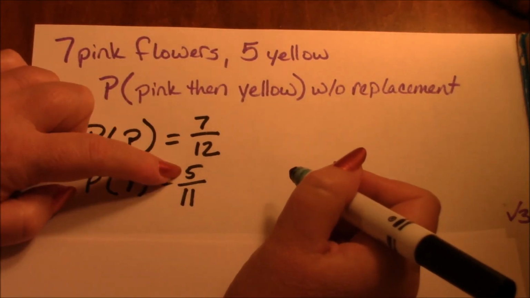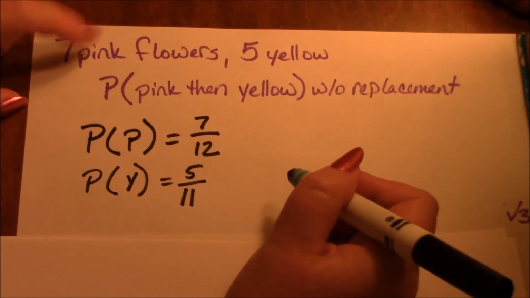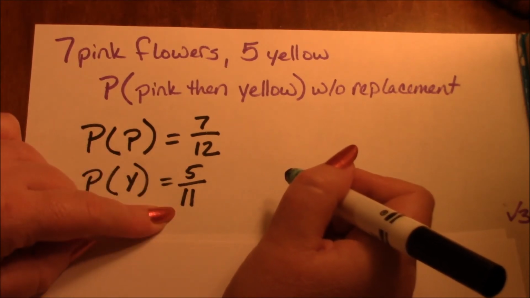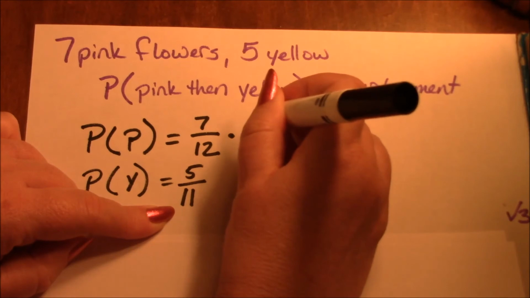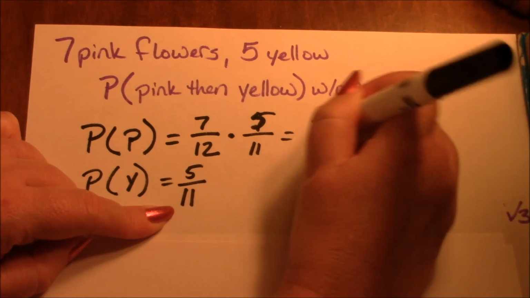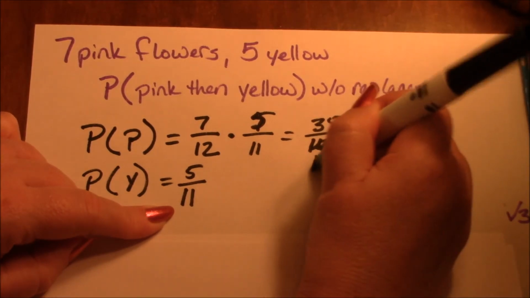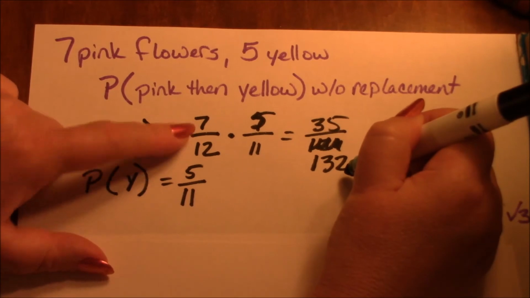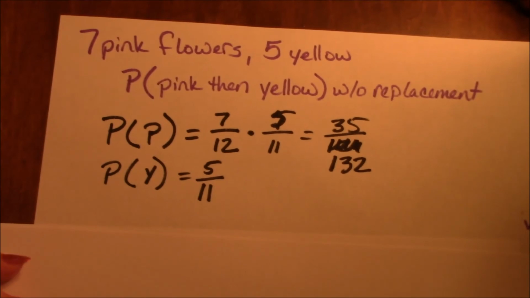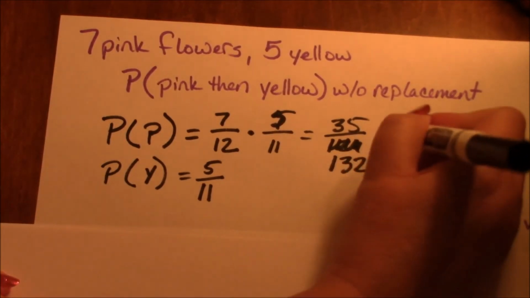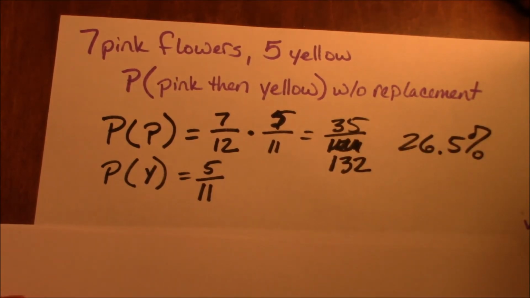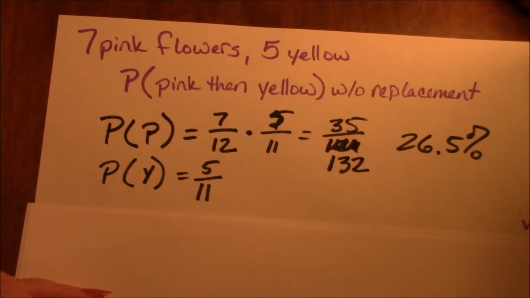There are still 5 yellows left because the first time I pulled a pink one. So I'm always going to go with that number, but my total is going to go down. So times 5 out of 11, and I end up with 35 out of 132. This is 11 times 12. This is 7 times 5. They don't have any factors in common. So I'm going to go straight to dividing, and I end up with 26.5%. Pause here and try check it out, number 3, and come back when you're done.